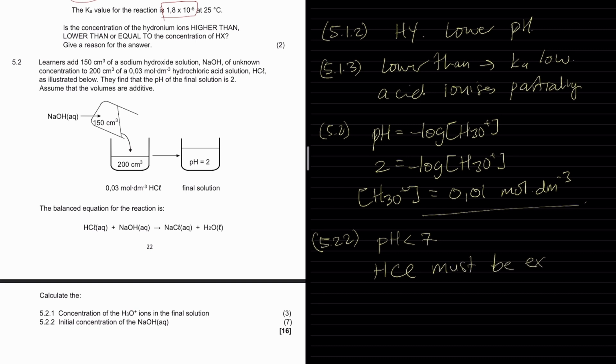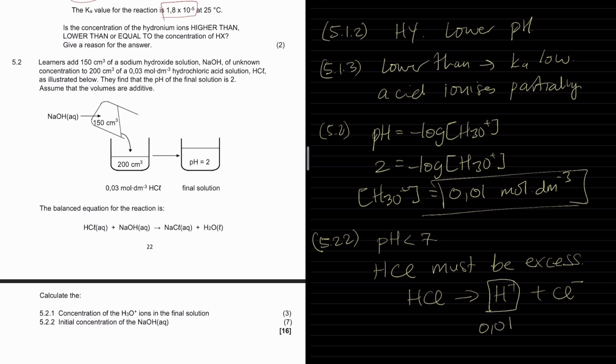So from here, I can look at the dissociation of HCl. HCl will give me H plus and Cl minus. I have the concentration, 0.01, and since HCl is monoprotic, this concentration will also be 0.01 moles per dm cubed.